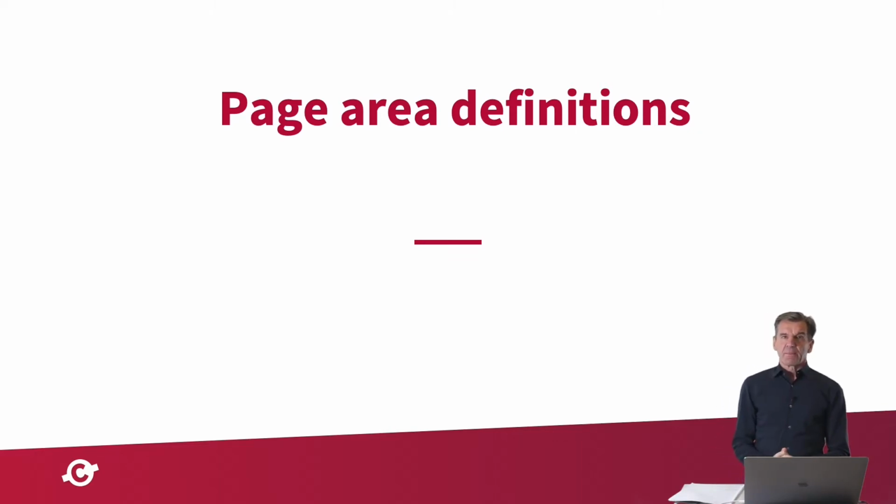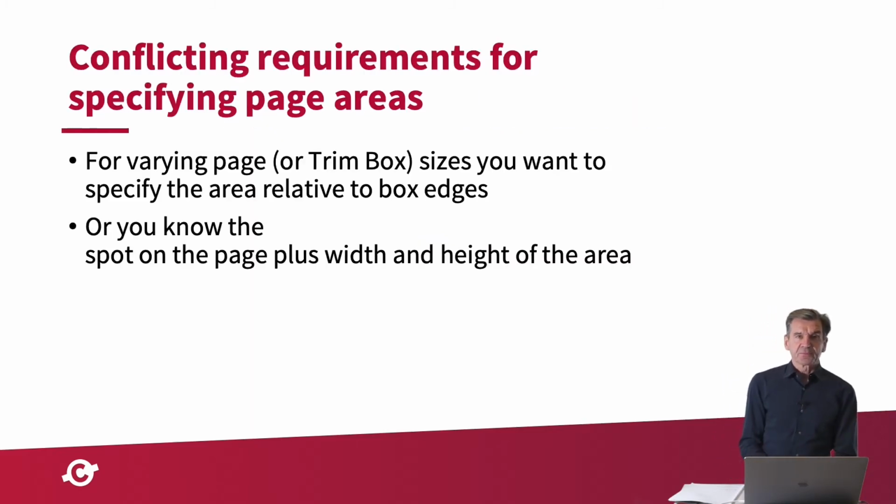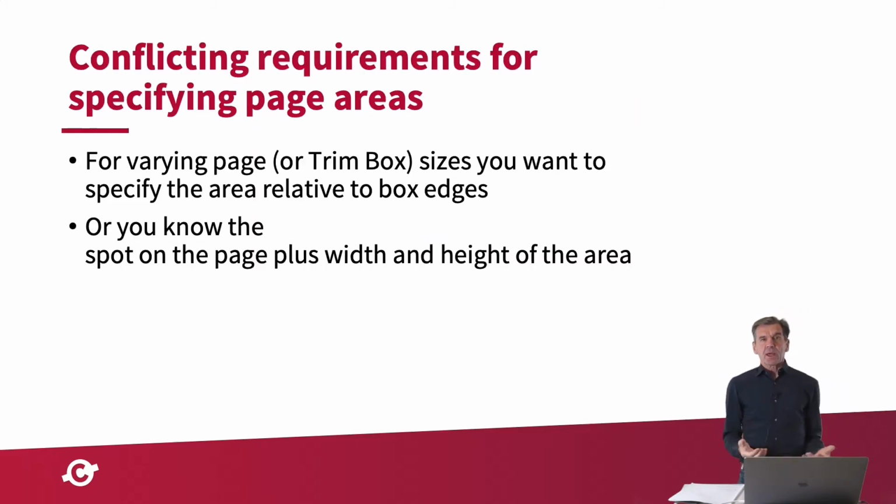Next is page area definitions. Completely different, as you may guess. We were looking at all the various places in pdfToolbox where you can specify a custom area, a custom rectangle on a page, because you want to search for barcodes in that area, for instance.